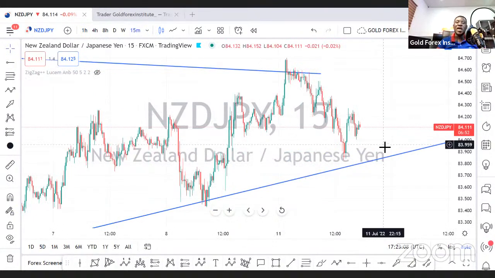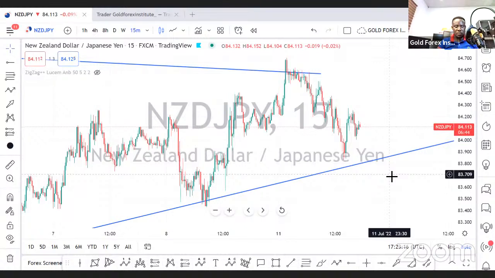So from here, we are still expecting a downward trend. Let me check. Okay, I'm still in profit. So with STR, you don't need plenty trades to actually be profitable. If in a month you're able to make like 10%, 20%, okay, come on.